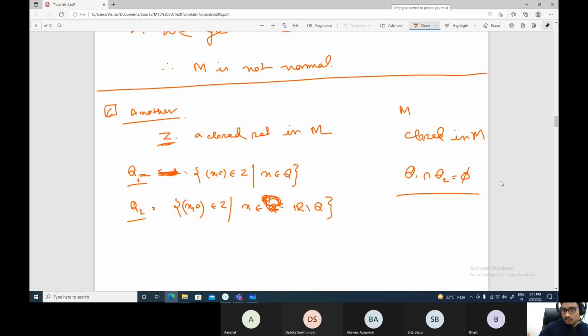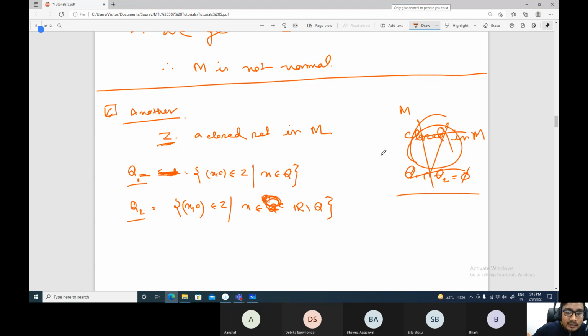But using the Baire category theorem, you can prove that you cannot find two disjoint open sets separating these two closed sets. This needs the argument from the Baire category theorem, but at this moment I will not give that because I also need some clarification before I present it in front of you.